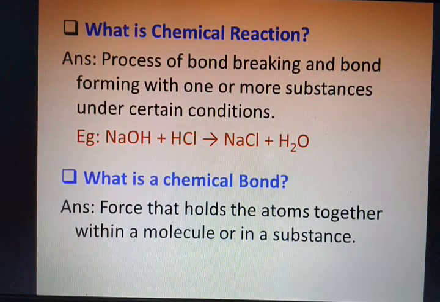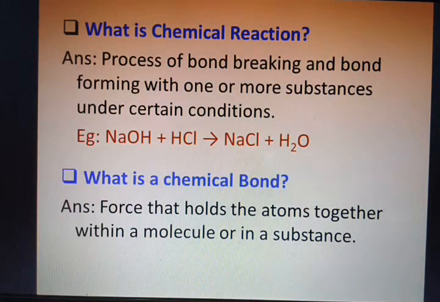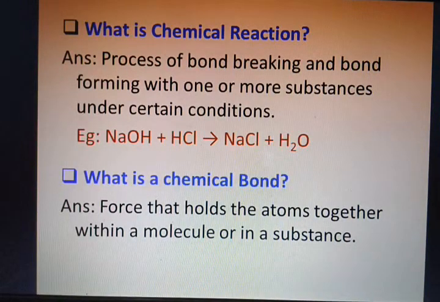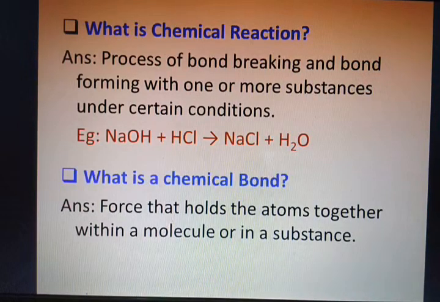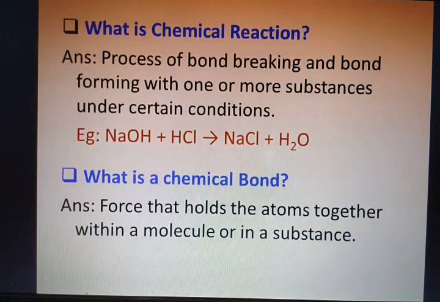That means, what's a bond? The force by which the atoms or particles of a substance are held together. Within a molecule, atoms are held together by a strong force. Within a metal, the atoms that make up the metal are held together by strong forces.